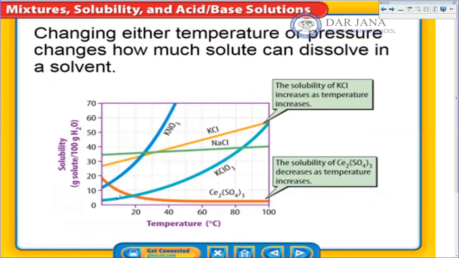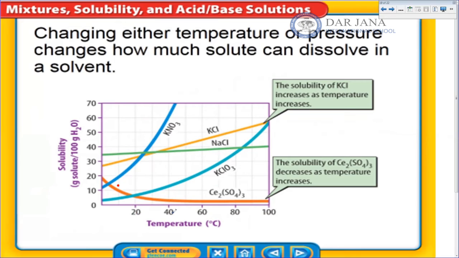Now, how can temperature and pressure affect the solubility, or how much solute is dissolved in a solvent? Mainly, if you look at this graph, we have many curves here, explaining how the solubility of certain substances varies as temperature increases.